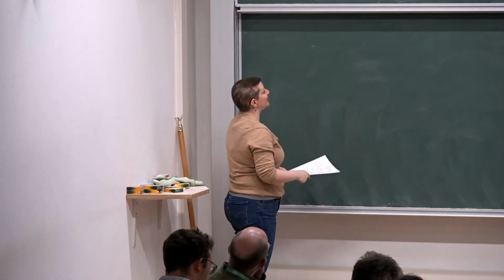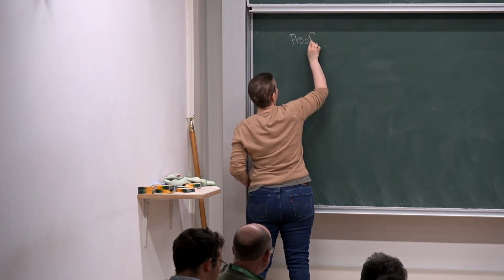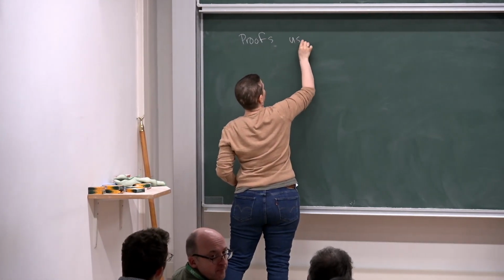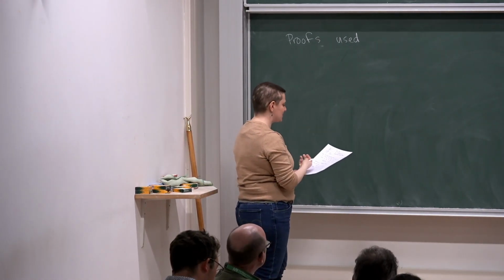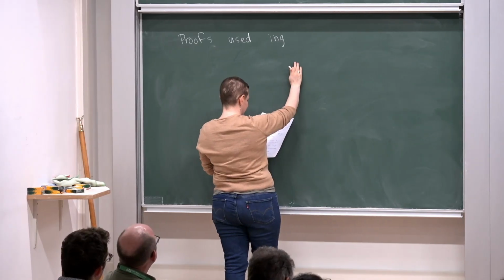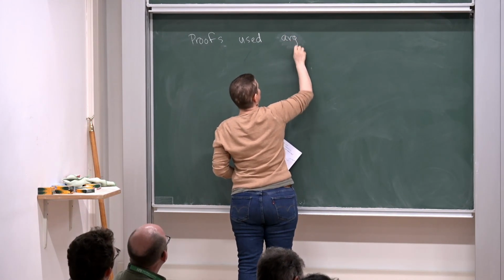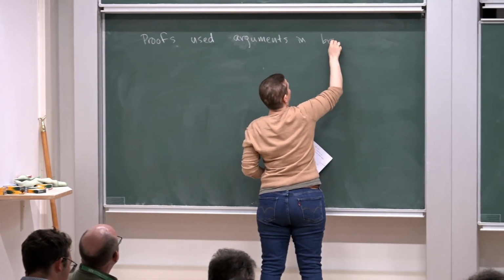So I don't want to dwell too much on the proof here, but I want to give you an idea of some ingredients that went into the proof. So both of these statements, at the cohomology level and at the spectrum level, used some arguments in bi-graded homotopy.